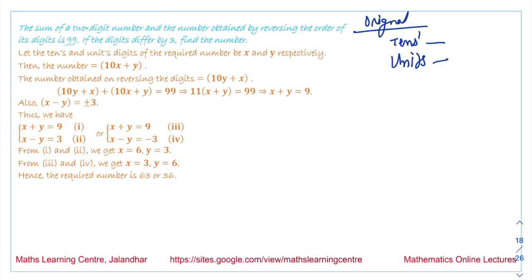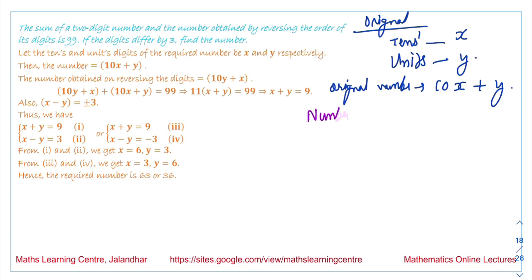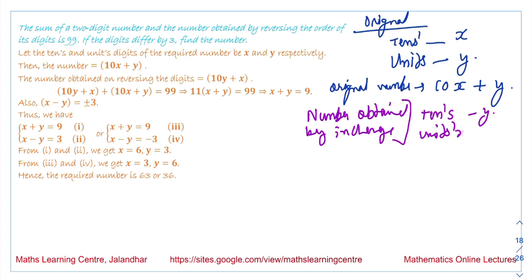The original number is 10x plus y. Reversing the order means now at tens place it is y and at units place it is x, so the new number that is formed is 10y plus x.